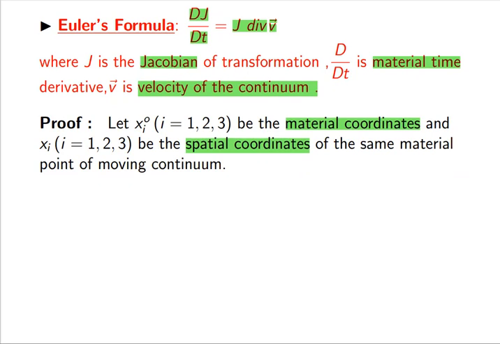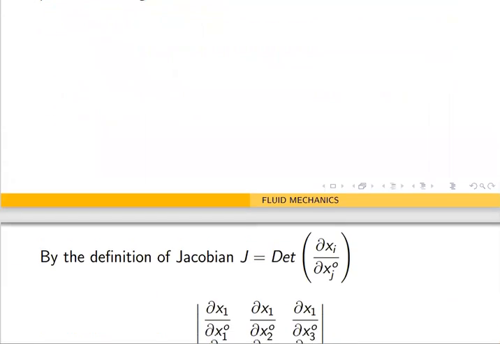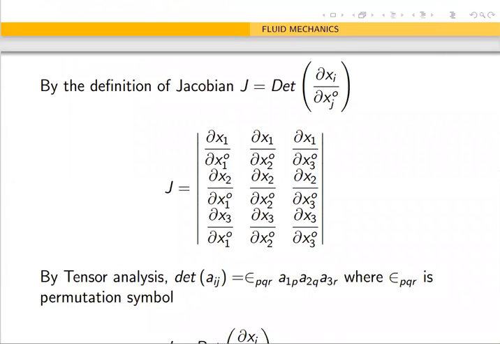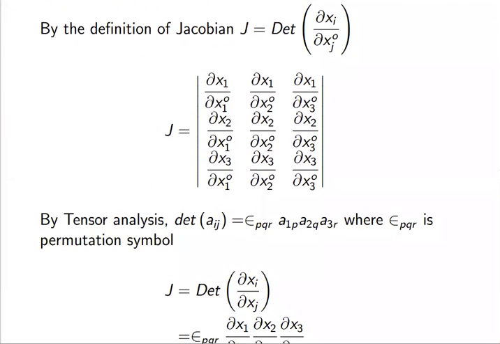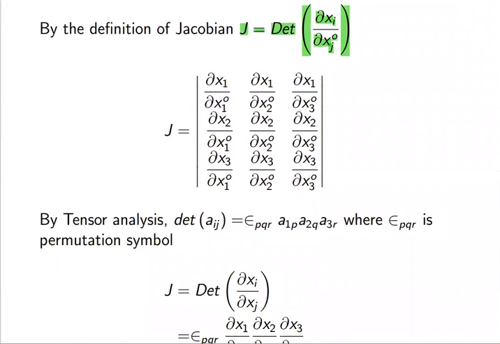So we have taken a moving continuum, where xi naught denotes the material coordinates and xi denotes the spatial coordinates. Now, by the definition of the Jacobian, J is nothing but the determinant of ∂xi/∂xj naught, the determinant of the differentiation of the current coordinates with respect to the material coordinates.